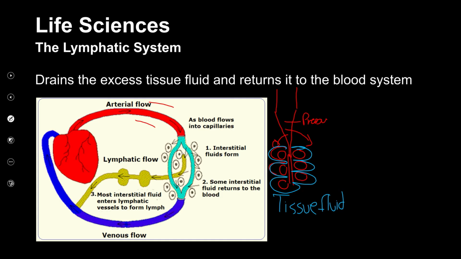Now, the blood comes in, it goes in the capillaries, and then it carries on again. But this fluid is constantly coming out, constantly under pressure. Now, what happens if we don't return this fluid back to our bodies?